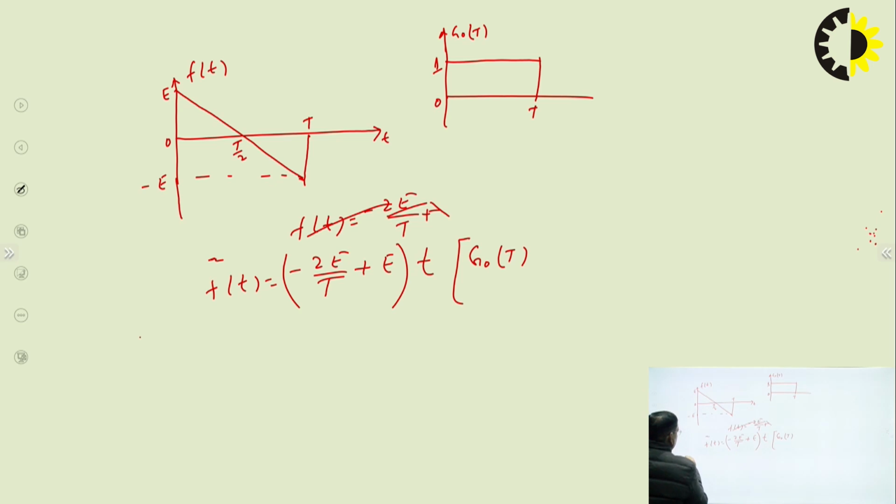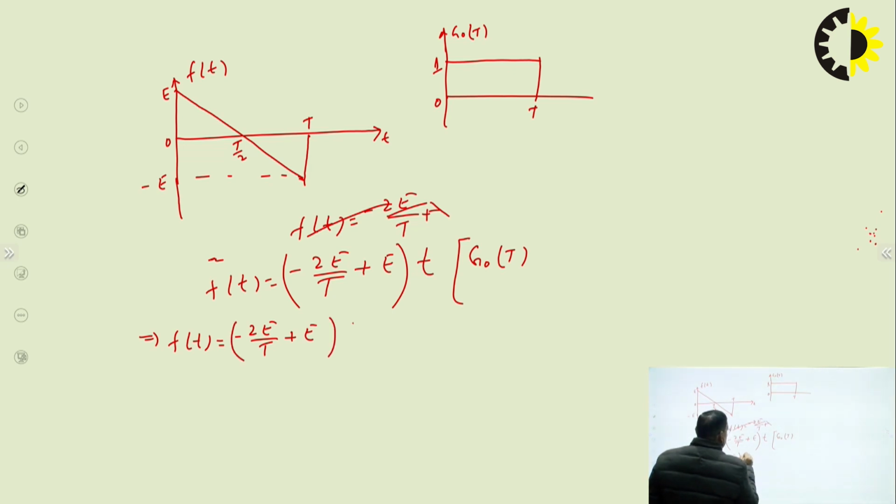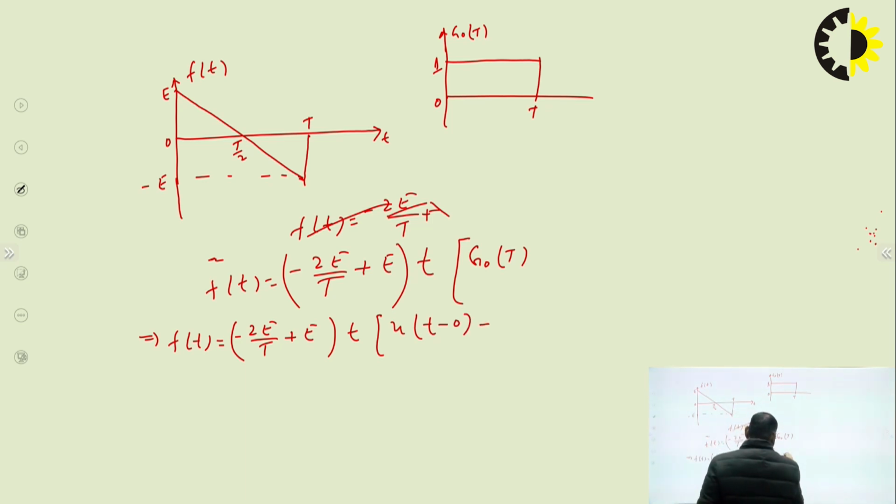So we can further write, Ft is equal to minus 2E upon T plus E, into u(t minus 0) minus u(t minus T).